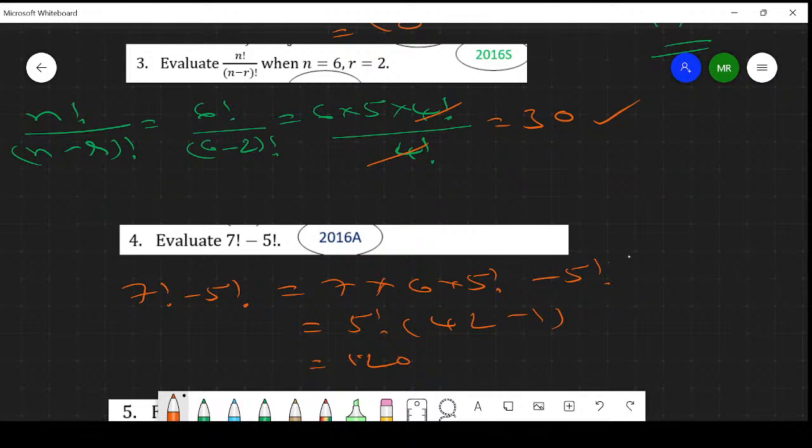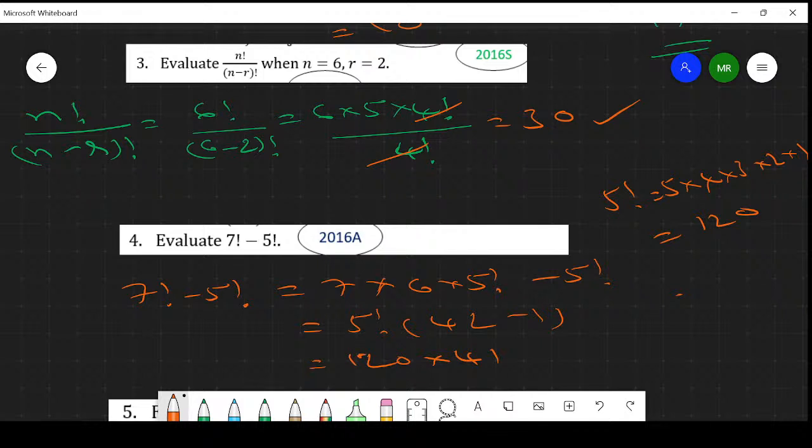Sir, how do you know that 5 factorial is 120? You can find it here. 5 factorial means 5 into 4 into 3 into 2 into 1, which is 120. So it is 120 into (42 minus 1), that is 120 into 41.